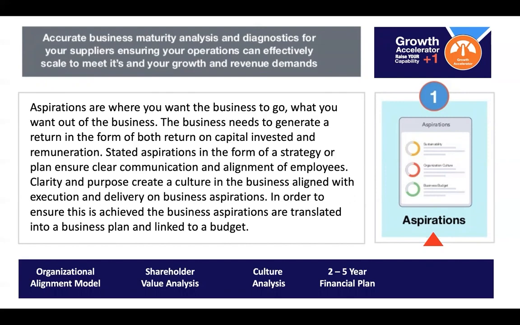So that means no matter how good your strategy is, we need to look at what that organizational alignment ultimately is in order to make sure that shareholder value analysis, when that is done, and culture analysis all culminate in a 2 to 5 year plan. So each one of the areas that you will be provided tools with to analyze would be in organizational alignment, shareholder value analysis, culture analysis, and a 2 to 5 year plan.